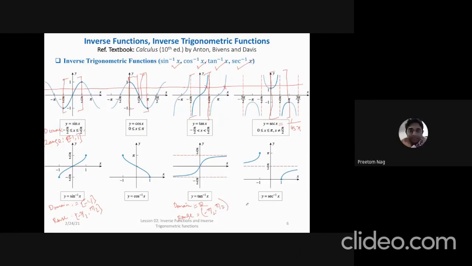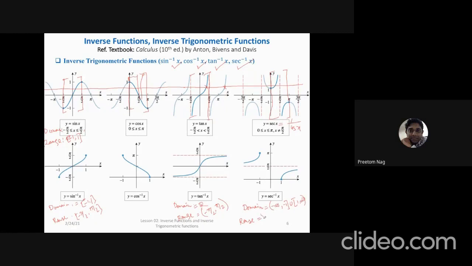Sec x এর ক্ষেত্রে আমাদের একটু ডিফিকাল্ট আছে. Sec x এর ক্ষেত্রে ডোমেইনটা হচ্ছে, let's write down the domain, less than or equal to minus 1 and greater than or equal to plus 1. That means minus infinity to minus 1 union 1 to infinity. That is the domain. And the range in this case becomes 0 to pi except pi by 2.